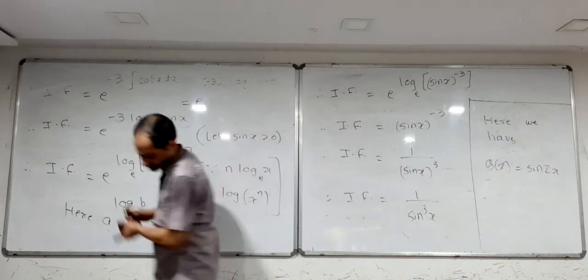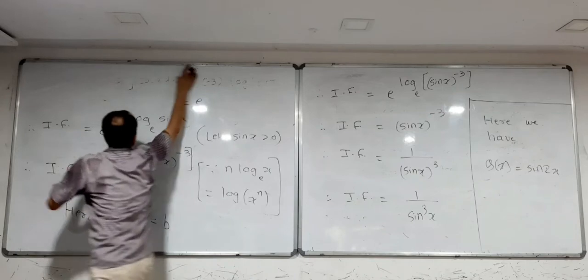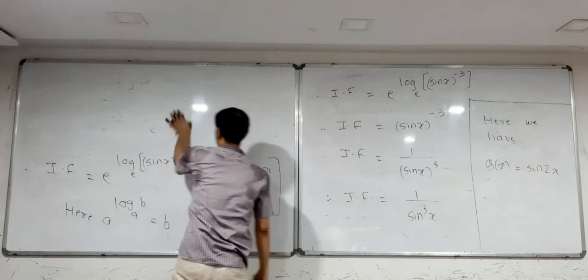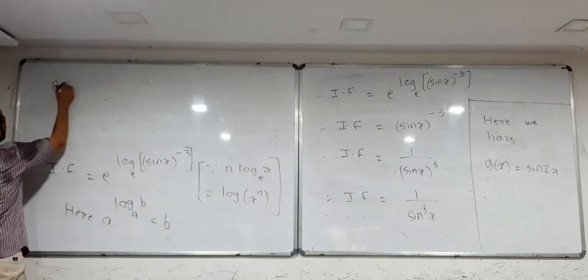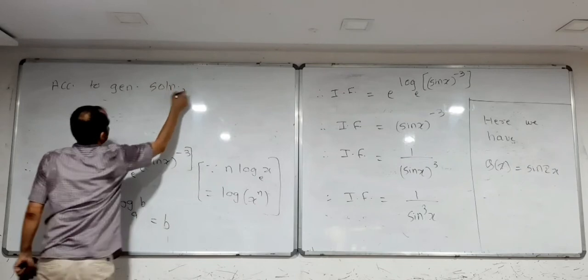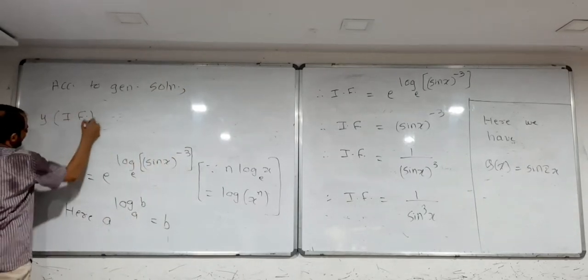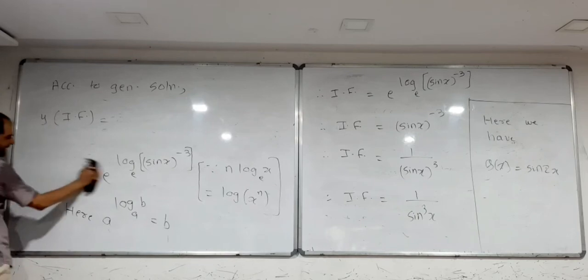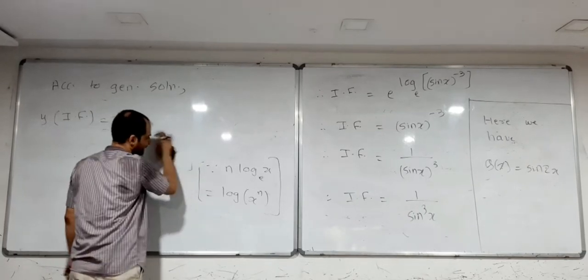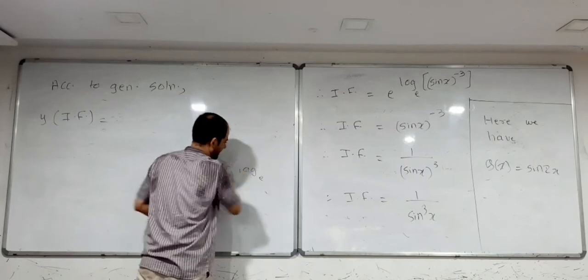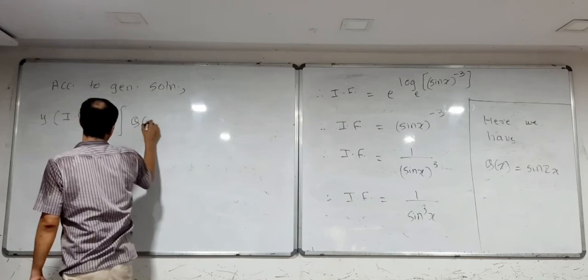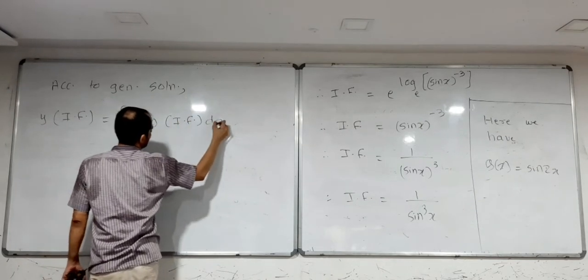Okay, so now अब आप निकालो इसका जनरल सॉल्यूशन, according to the general solution, y into integrating factor is equal to क्या आना चाहिए, y into integrating factor is equal to integration of q of x into integrating factor dx plus c.